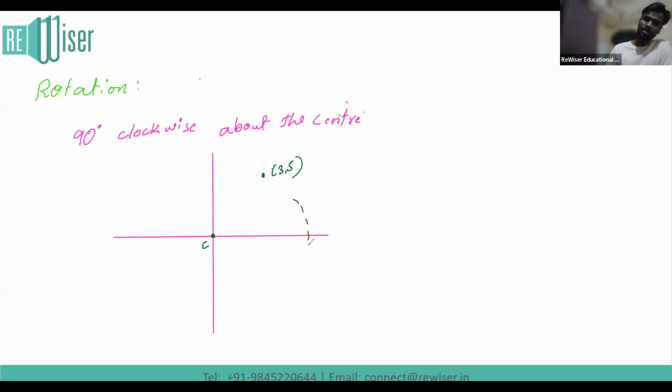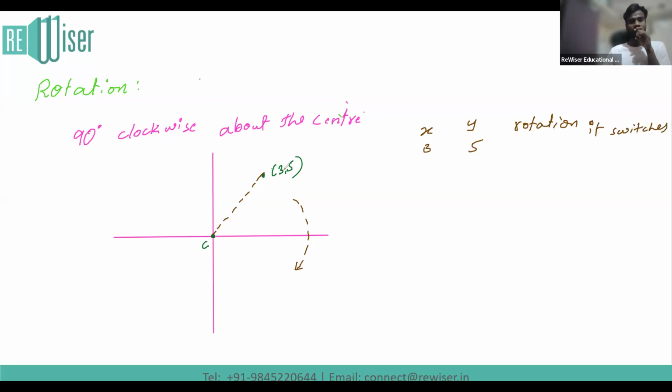Clockwise means it's somewhere like this. So the point would be somewhere here. We can do it by distance, and you can use your protractor and find the 90 degrees, or you can count the number of x and y steps. The x steps is 3 and the y steps is 5. So in rotation, it switches.